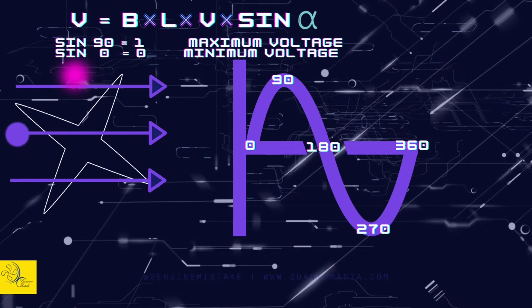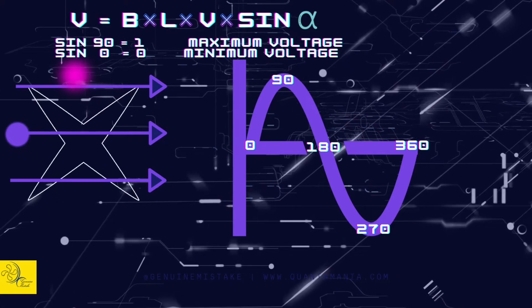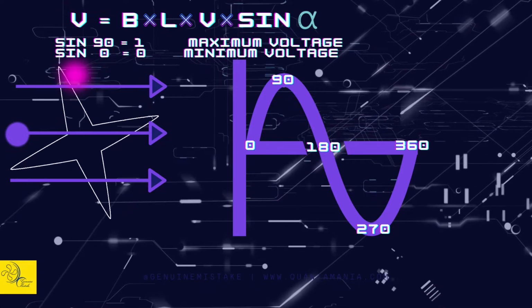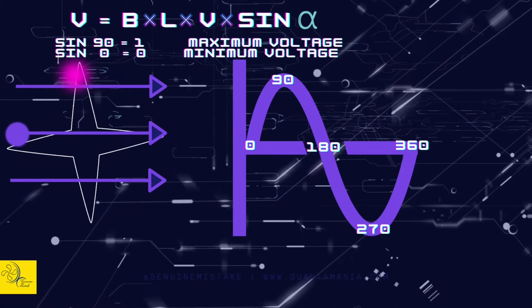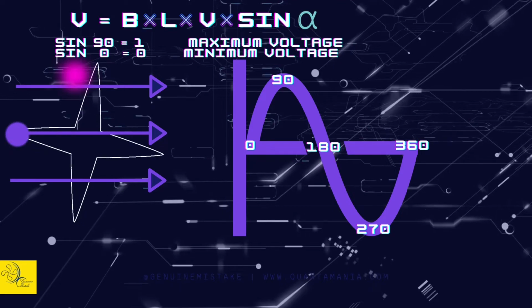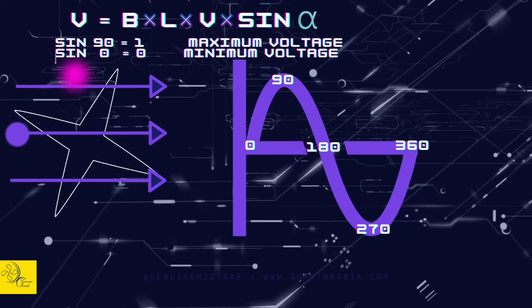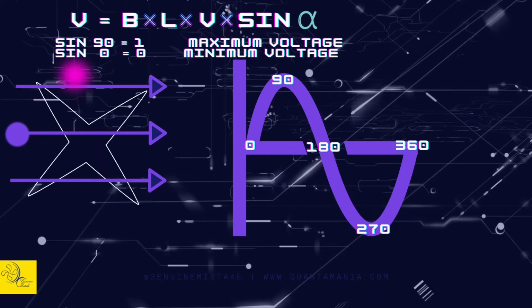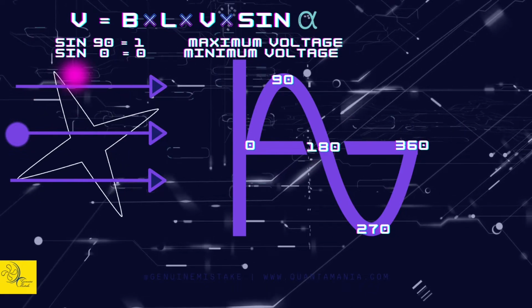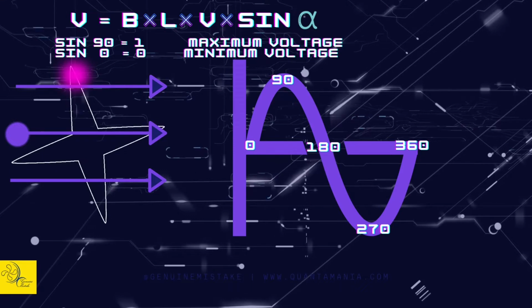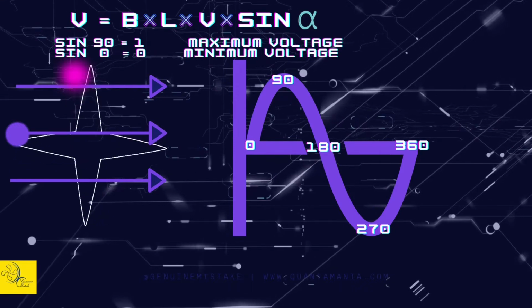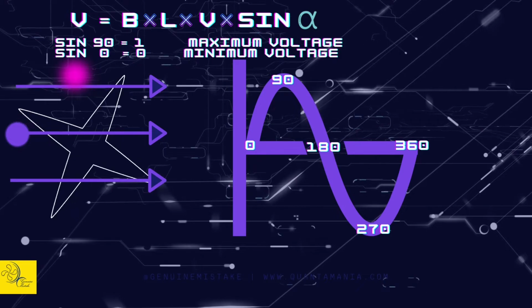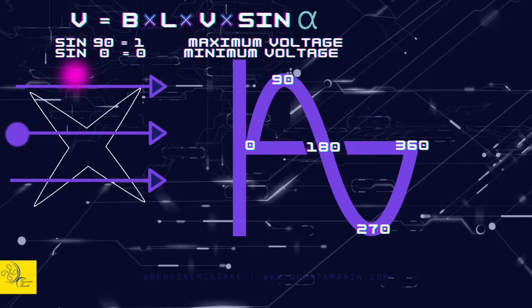And then the conductor will go all the way to 180 degrees, where again it is parallel to the magnetic field, then we're not making any voltage, and the voltage on the graph is 0. And then it'll rotate and go to 270 degrees from where it started. And at 270 degrees, we are making the maximum voltage.